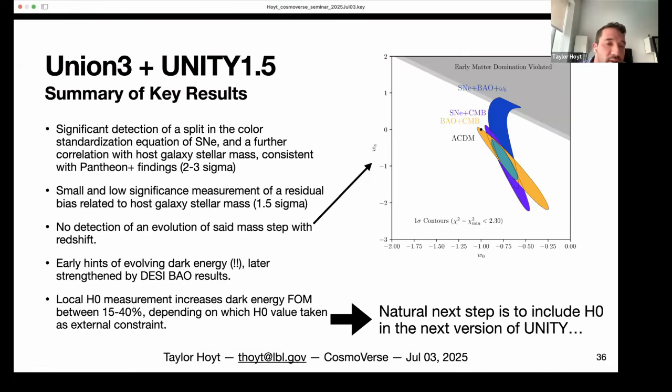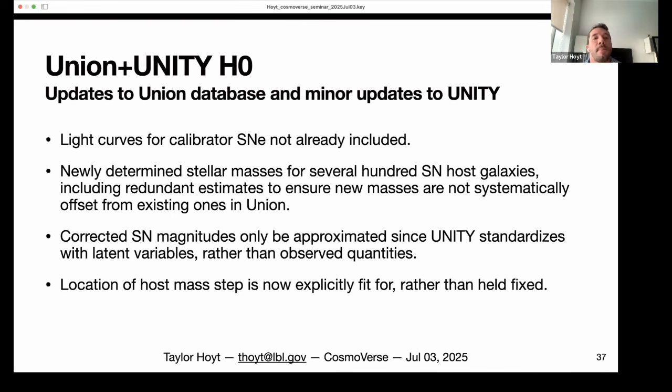Early hints of evolving dark energy that were later strengthened by DESI BAO, and pointing out that local H naught measurements increase the dark energy figure of merit between 10 to 40%, depending on which H naught value one takes as an external constraint. This last point leads naturally into, rather than taking H naught as an external constraint, actually including H naught in the simultaneous solution.